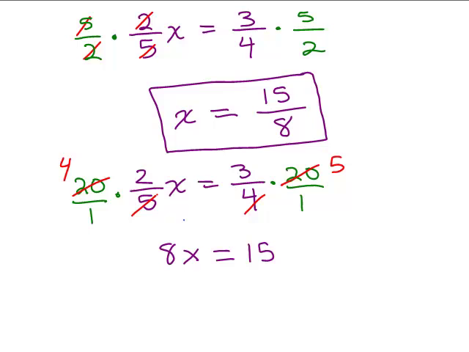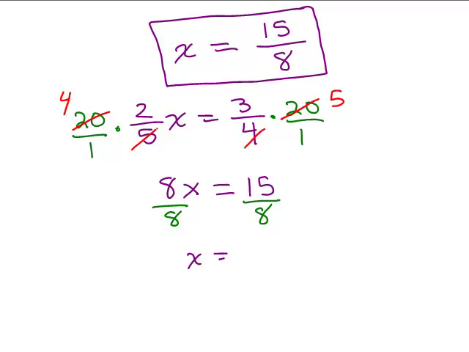And now we could divide both sides by 8 to get x equals, I think I'm going to run out of space here, 15/8. So that gives you 2 ways to solve this equation. There are more ways, but let's go ahead and check this solution, 15/8.